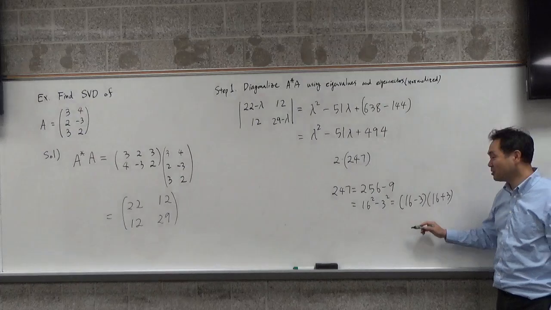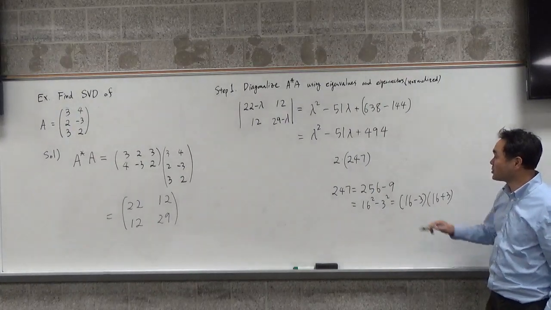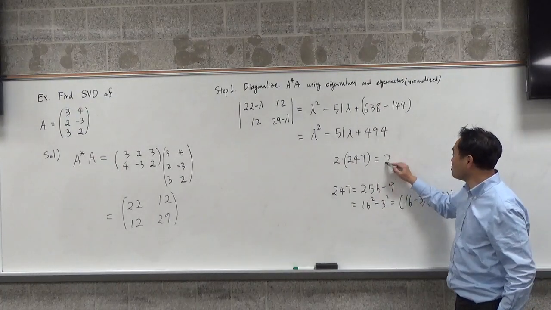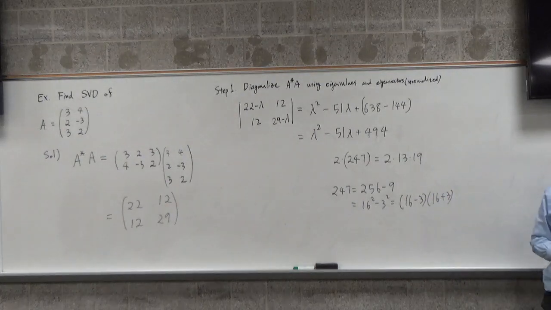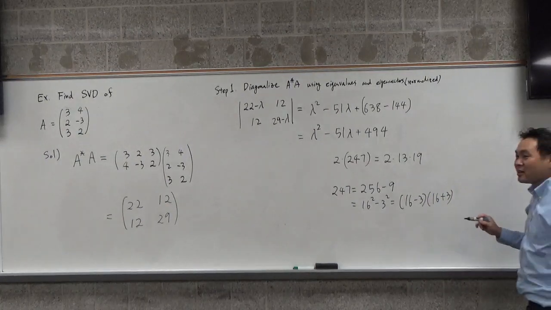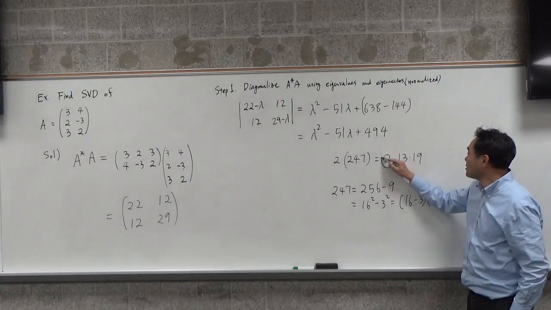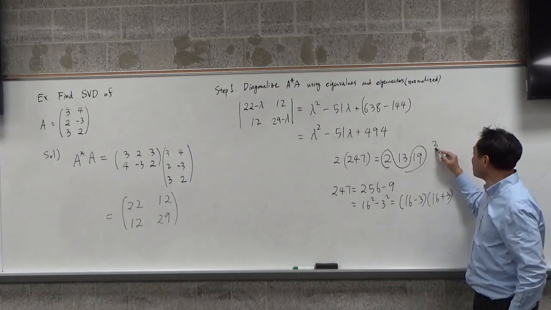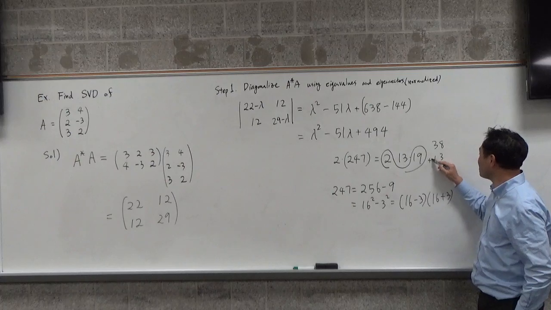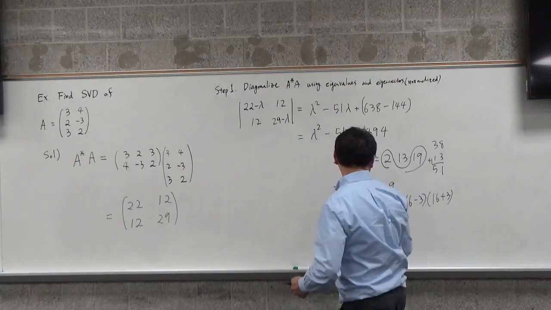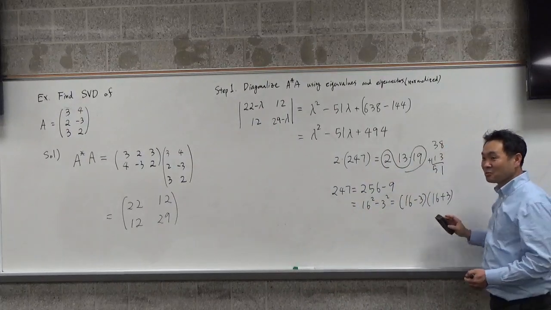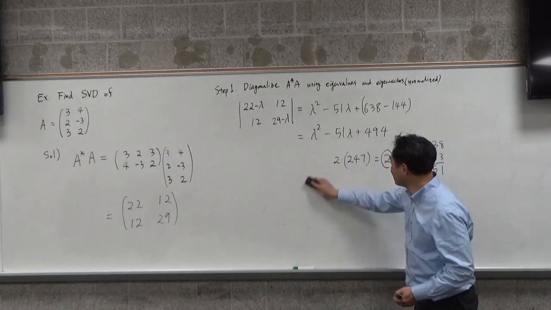So it's 13 times 19. So I know that this is 2 times 13 times 19. And then now what you do is, 2 times 19 gives you 38, and 38 plus 13 gives you 51. Great, it works, right? So I know that 38 and 13 are the two eigenvalues.